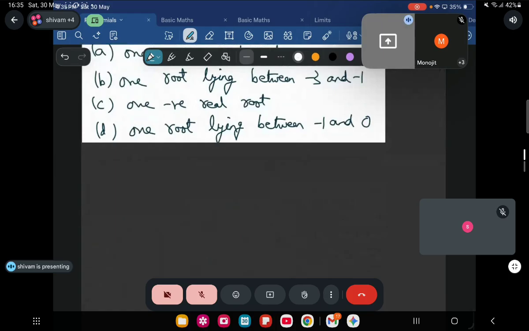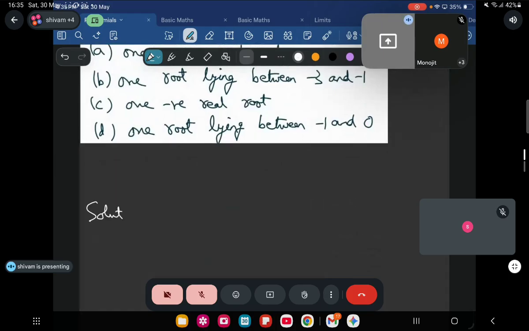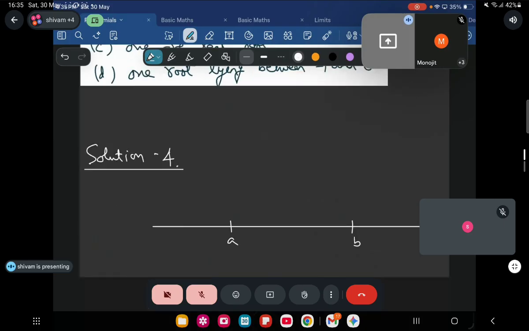So how will the graph of the polynomial look like? Pay attention. The graph of the polynomial will look somewhat like this. See, this is f, this is a, this is b.